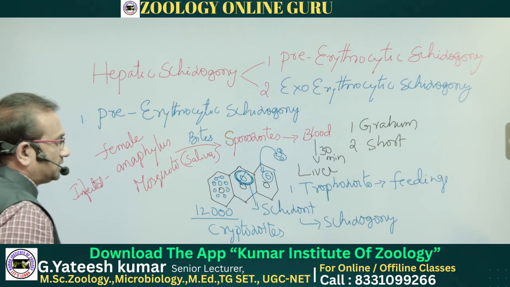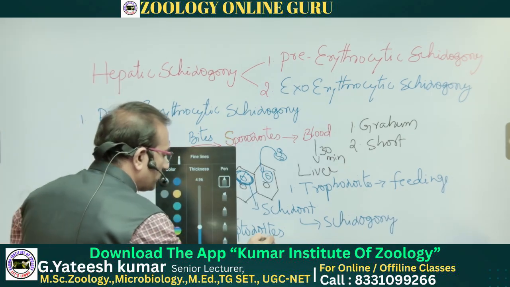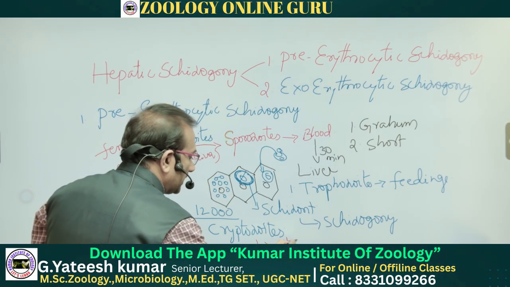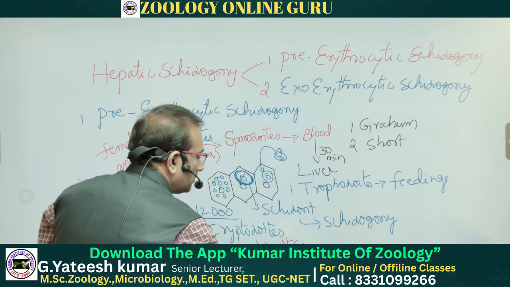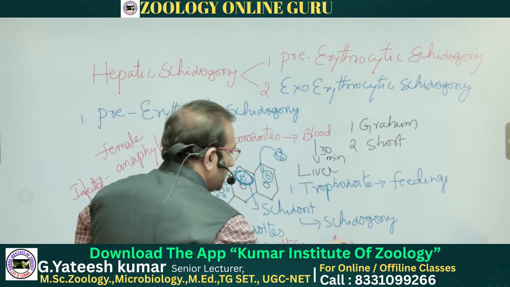These 12,000 cryptozoites, the other name for these cryptozoites, are known as first generation merozoites.